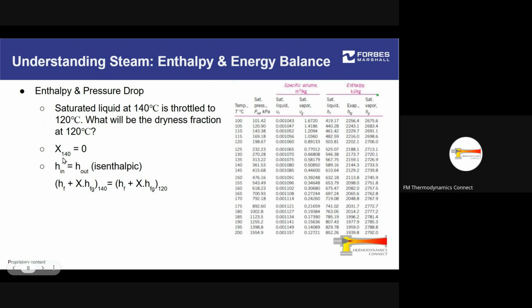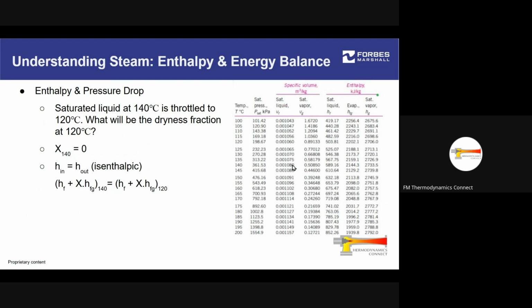Now we know for a fact that the dryness fraction at 140 degrees Celsius is zero. So this particular value will end up being zero. But the other parameters we will have to find from the steam table. So you have hf and hfg parameters. hf you can find from this column, hfg you can find from this column, corresponding to 140 degrees Celsius.